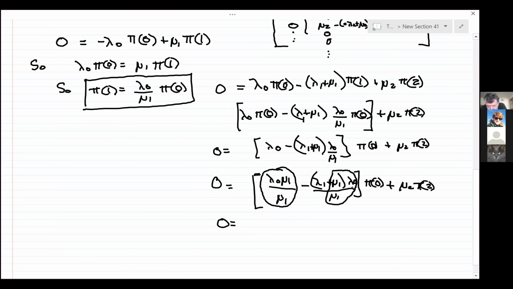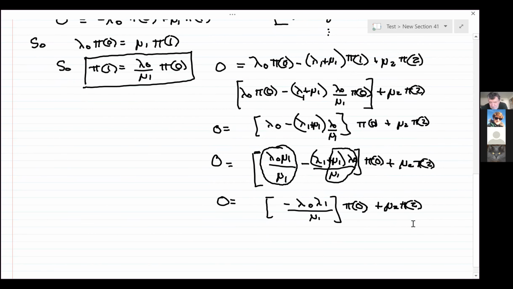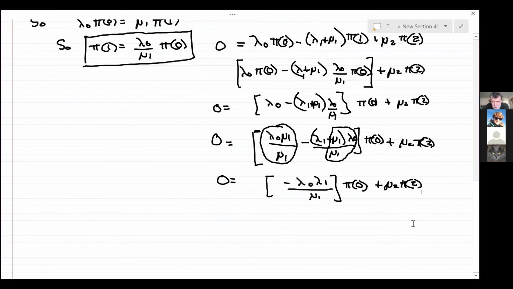So what survives in this square bracket would be lambda 0, lambda 1 with a negative, all over mu1. That's this times this over that, times pi0 plus mu2 pi2. Okay. But from this equation, we can see that we can solve for pi2 in terms of pi0. So let's do that.